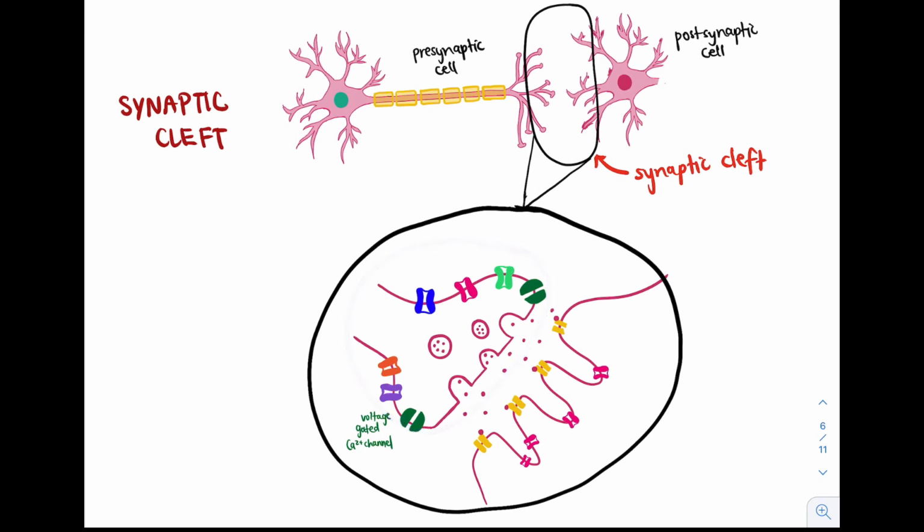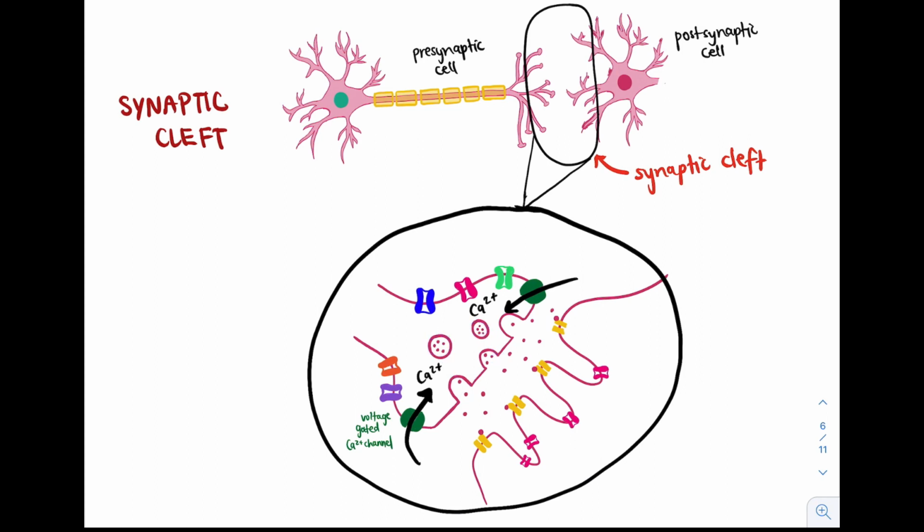This depolarization is going to cause voltage-gated calcium channels to open at the axon terminal, and calcium is going to rush into the cell. So this increase of calcium concentration inside the axon terminal is going to cause vesicles of neurotransmitters to fuse with the presynaptic membrane.